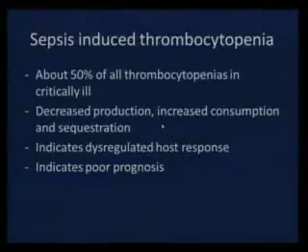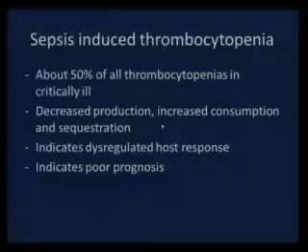Sepsis-induced thrombocytopenia. Like I mentioned before, it's one of the commonest causes of thrombocytopenia in critically ill patients. Decreased production, yes. A patient is ill, he's not going to produce a lot of platelets, for sure. How? Marrow suppression.